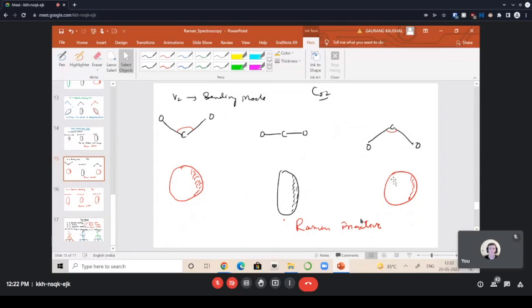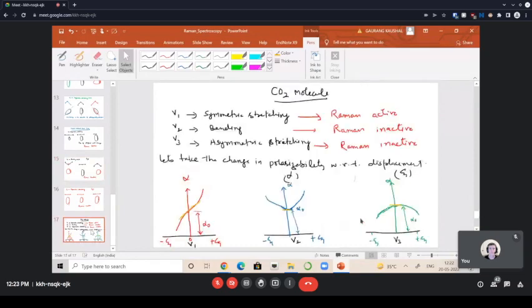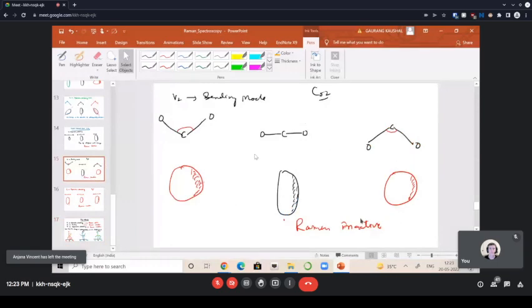It will remain nearly the same, although the shape changes slightly. So when you draw polarizability with respect to the displacement coordinate, it was assumed that there is a small increase in the polarizability, but you can see this is a symmetric increase and decrease.